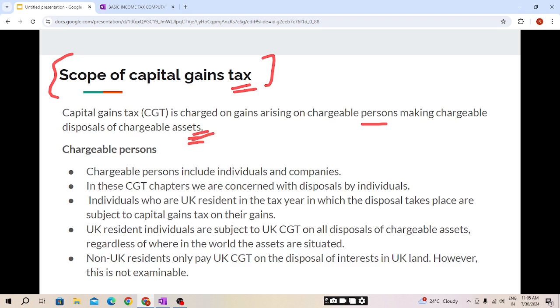So the capital gains tax will arise on the gains arising on a chargeable person making a chargeable disposal of chargeable assets. I hope this is clear. Now, what do the terms chargeable person, chargeable disposal and chargeable asset mean? We will be covering them in more detail.